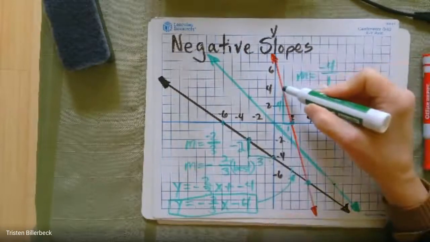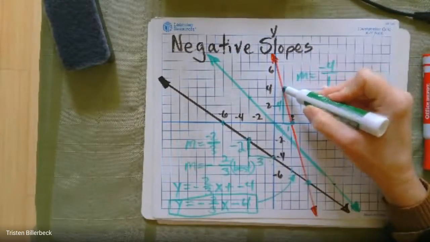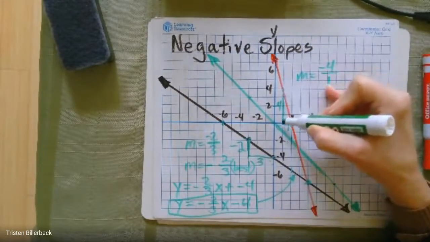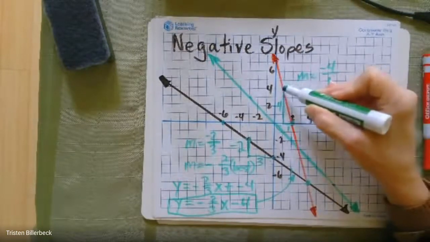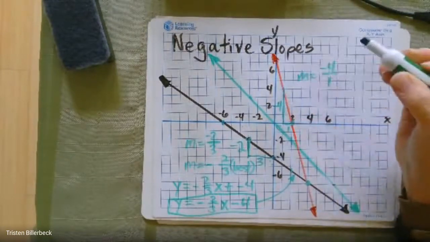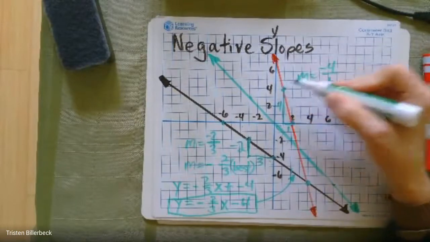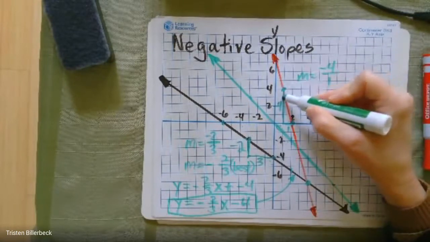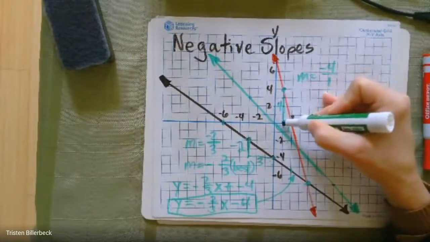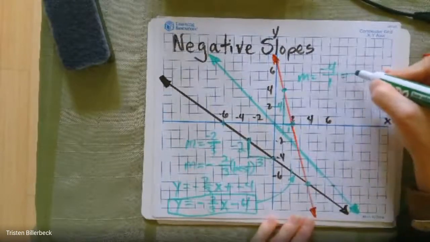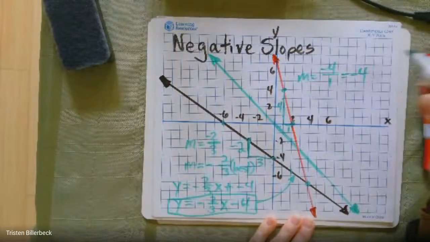Remember, when we count, we start with 0, 1, 2, 3, 4. I've seen that some people are having trouble and they don't count this as 0. So 0, 1, 2, 3, 4. So this is -4 for our slope.